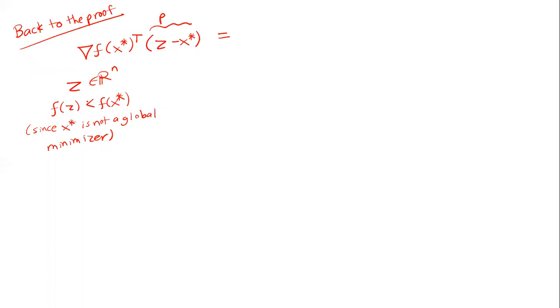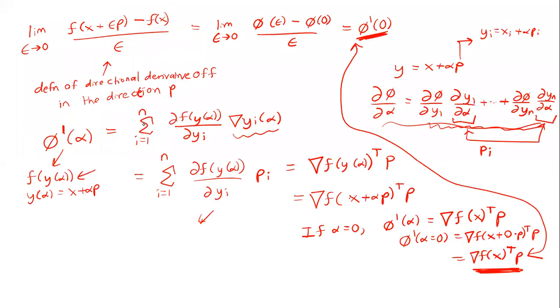And so now we're going to note that this statement here is of this form, del f of x star transpose p. And so in what we just literally did, we said that del f of x transpose p is equal to the directional derivative over here of f of x plus epsilon p minus f of x over epsilon, that type of thing.